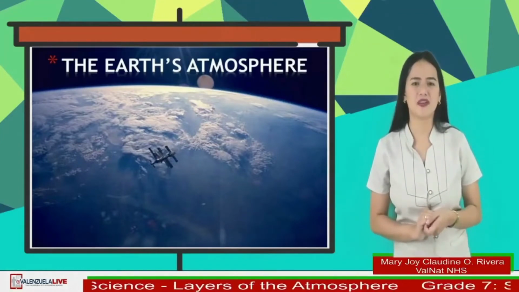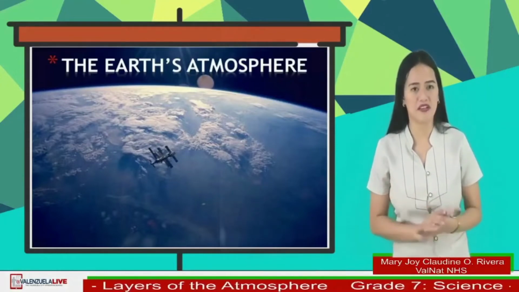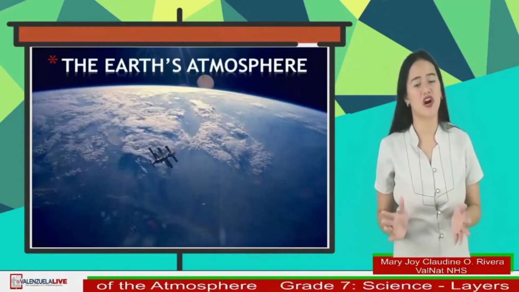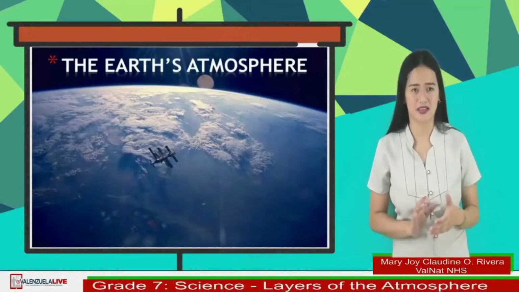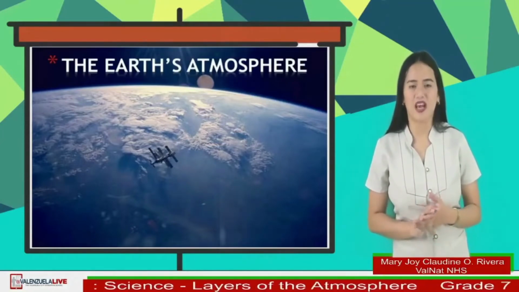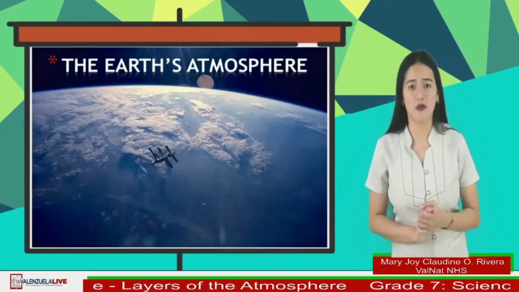The atmosphere is an important part of what makes Earth livable. It blocks some of the sun's dangerous rays from reaching Earth. It traps heat, making Earth a comfortable temperature. And the oxygen within our atmosphere is essential for life.